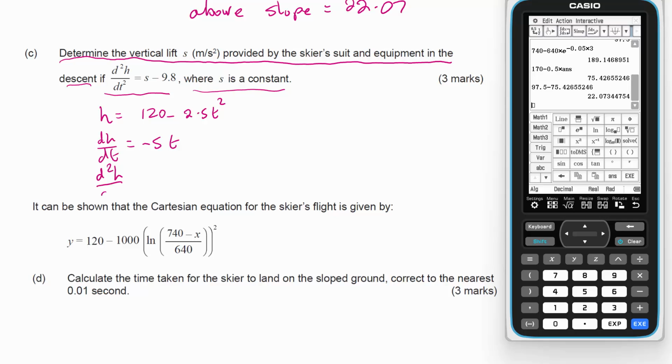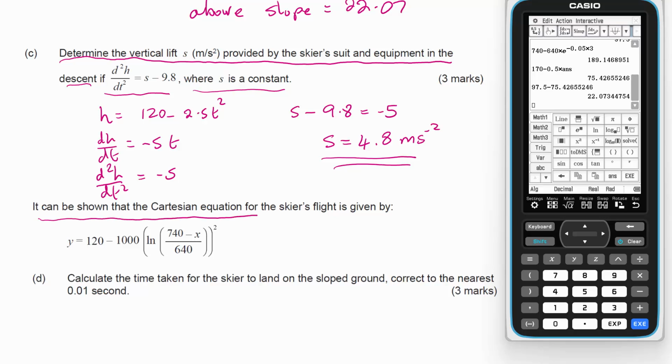And therefore d2h dt squared is negative 5. So s take away 9.8 is equal to negative 5, giving us that s is equal to 4.8, and that would of course be in meters per second squared.